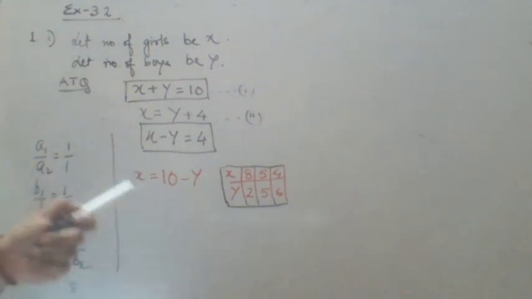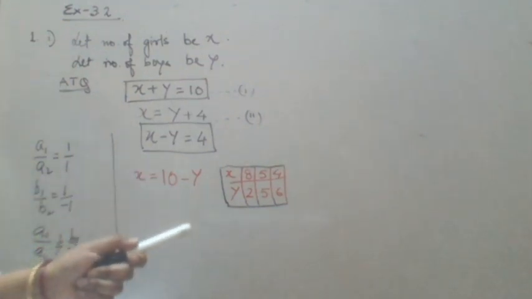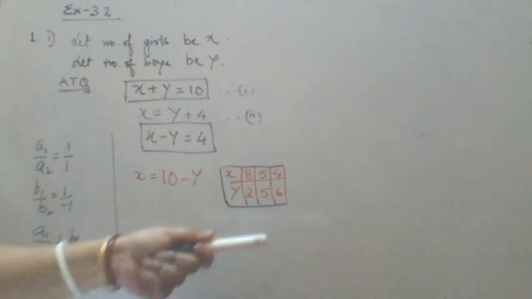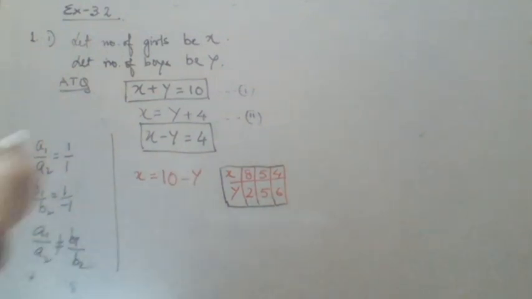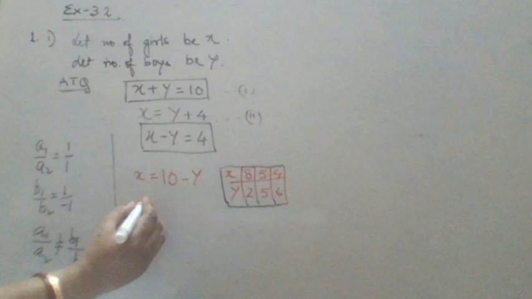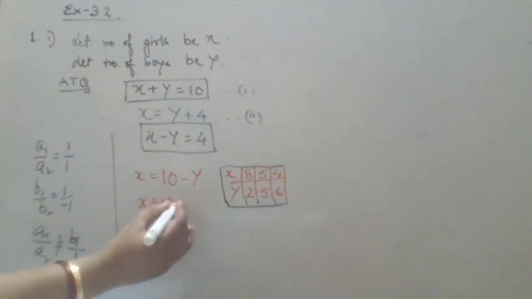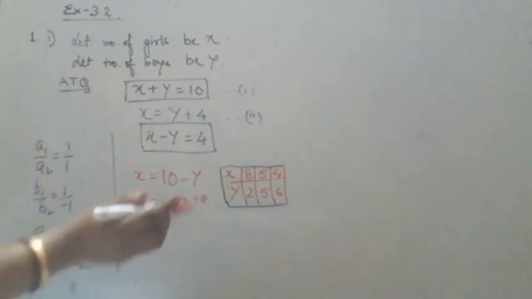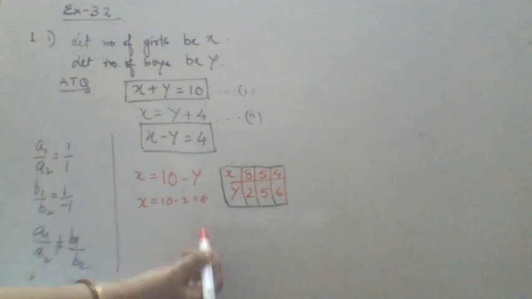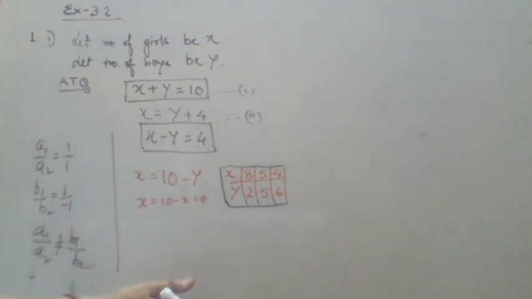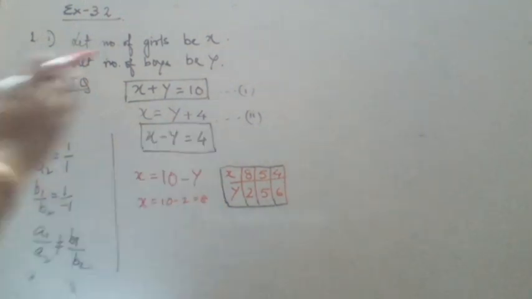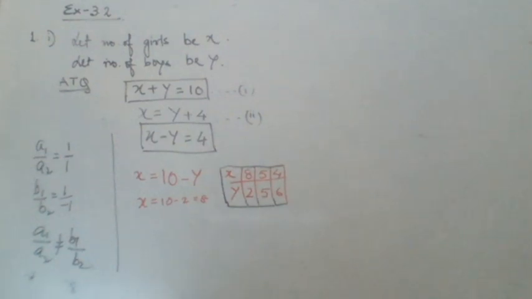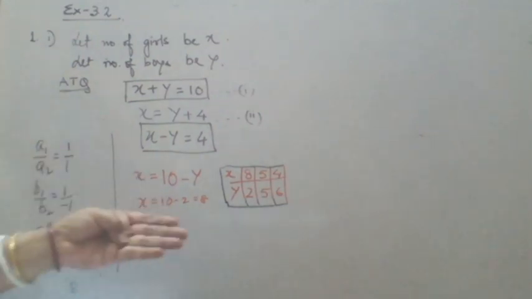If the equations are simple and you can do them orally, it's fine. You can prepare the table and show only a small part of the calculations, like 10 minus 2 equal to 8. You don't need to show them elaborately, because they don't carry any credit points.